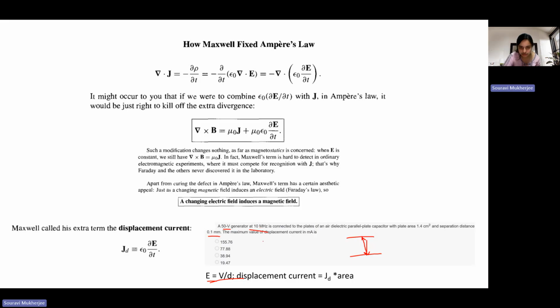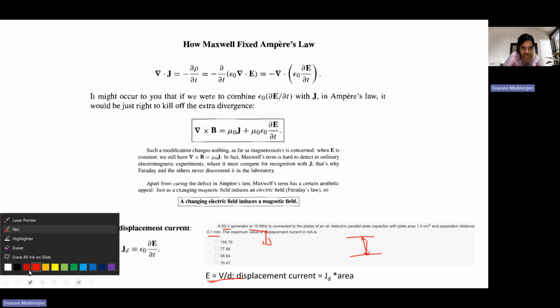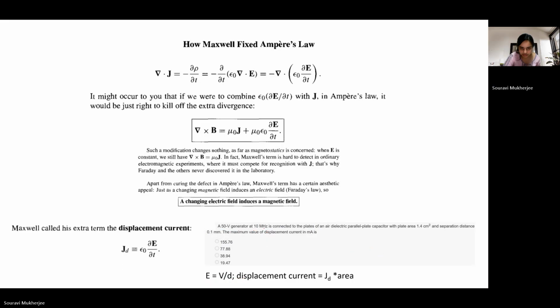That means you know omega, your angular frequency. For numerical purposes, remember that when your frequency is given in hertz, you need to multiply by 2 pi to get omega. So omega is 2 pi into 10 into 10 to the power 6, the frequency of your changing voltage.